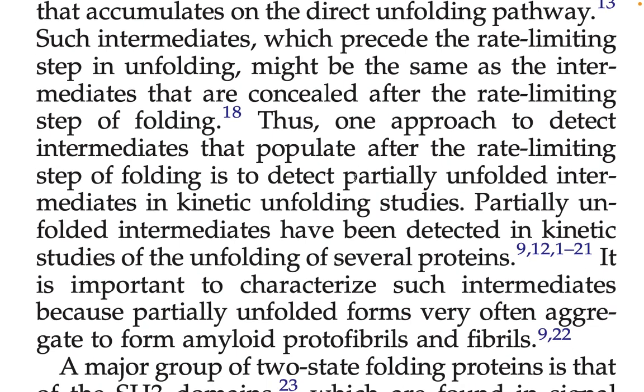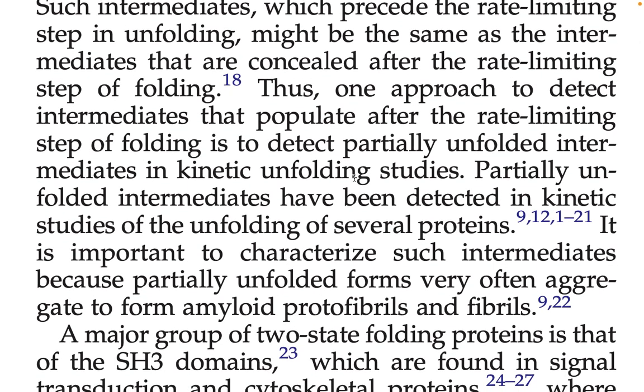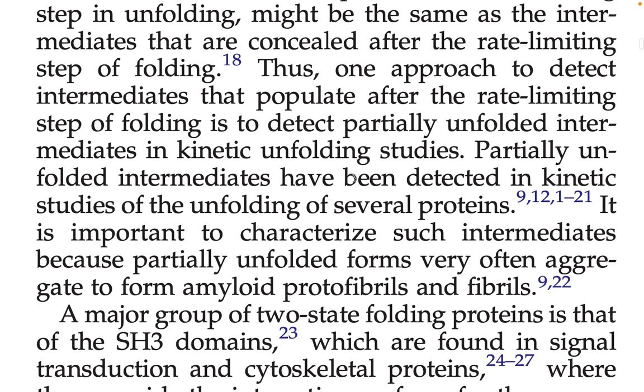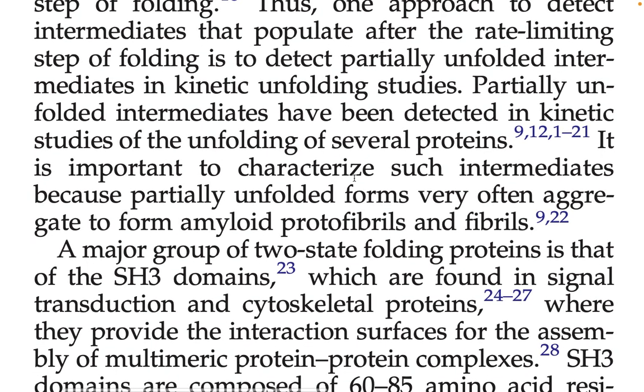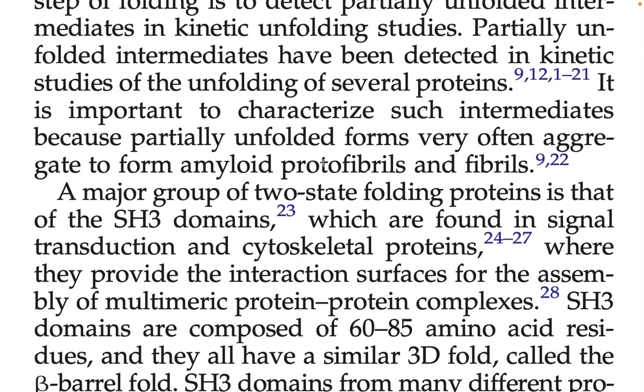Thus, one approach to detect intermediates that populate after the rate-limiting steps of folding is to detect partially unfolded intermediates in kinetic unfolding studies. Partially unfolded intermediates have been detected in kinetic studies of unfolding of several proteins. It is important to characterize such intermediates because partially unfolded forms very often aggregate to form amyloid, protofibrils, and fibrils.